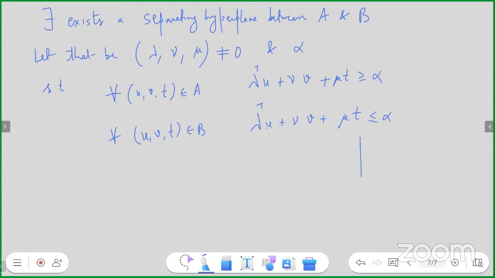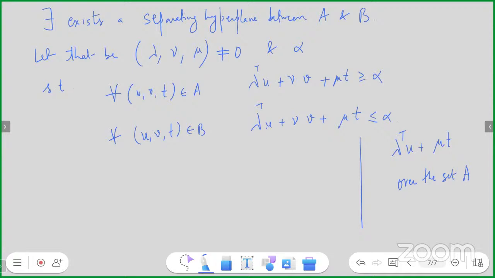Let's look at this one. So lambda is negative, and mu is also negative.